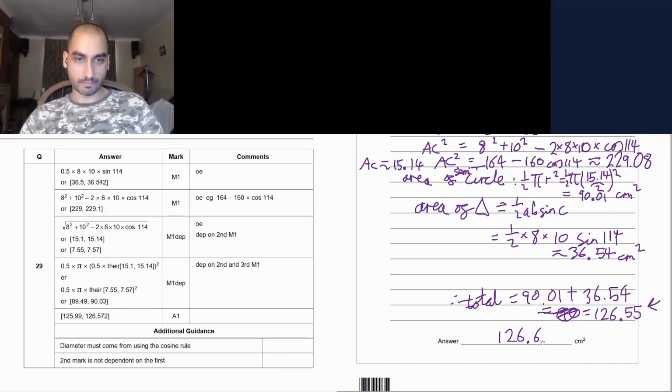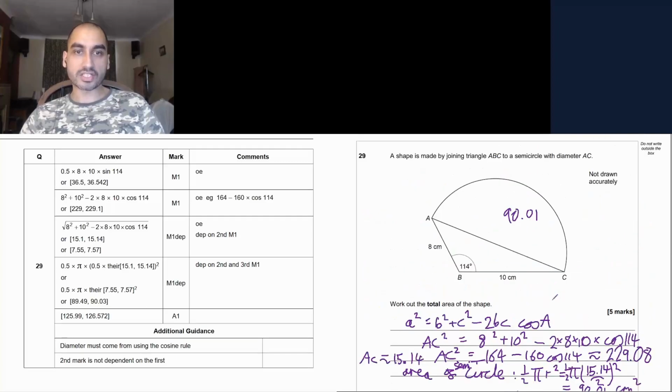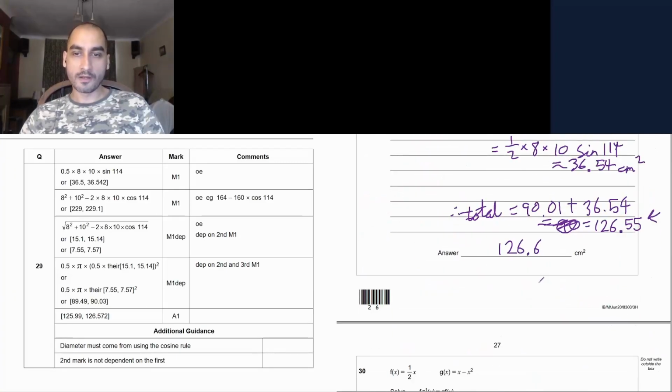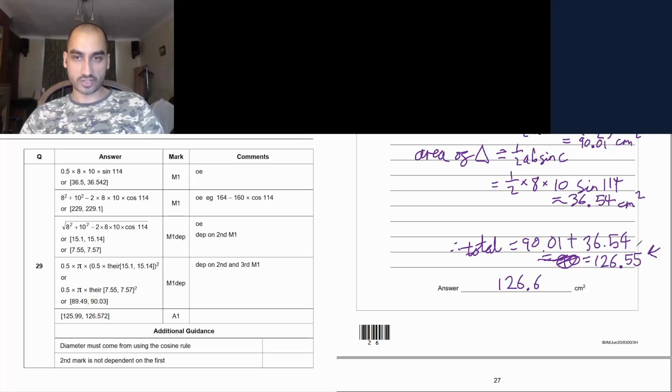But I rounded it. But here is within the bounds they're asking. And they didn't actually specify how many decimal places. But that being said, as long as you've got the answer written, and I did, that is within those bounds. 126.55 is just less than 126.572. So I did get the answer.